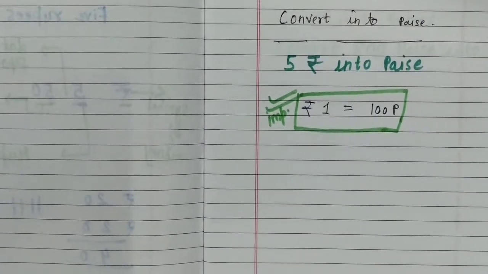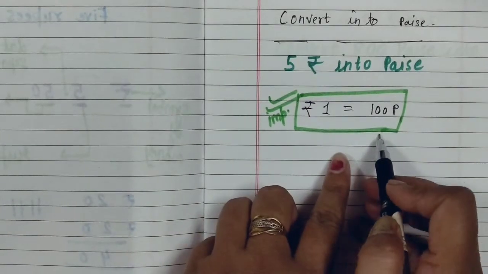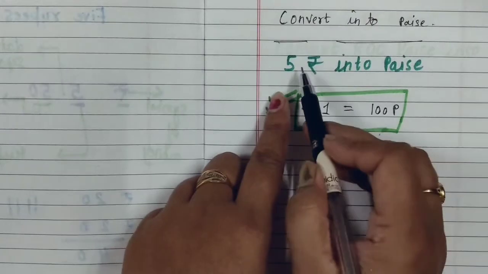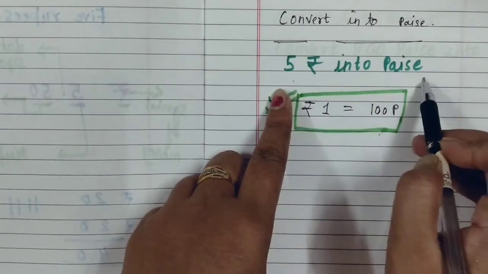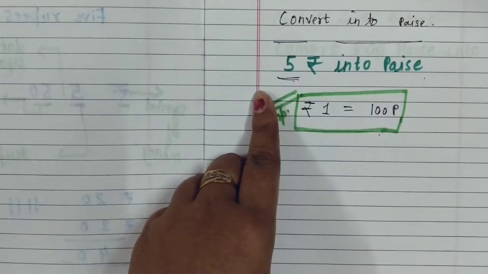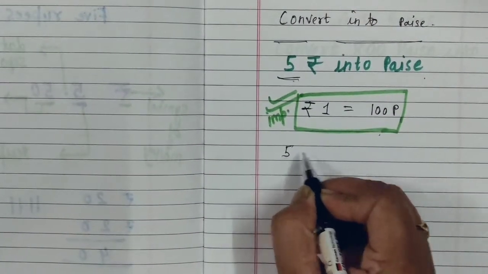So how are you able to do this conversion? Children, remember, if 1 rupee is equal to 100 paise, then for conversion of rupees into paise, you have to multiply the rupees by 100. Here we have 5 rupees.